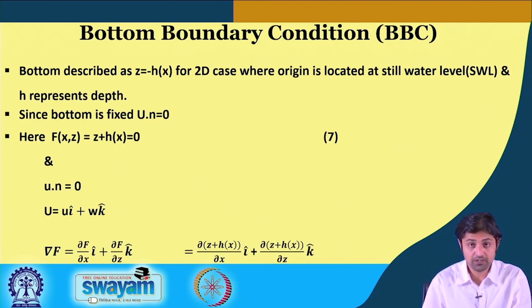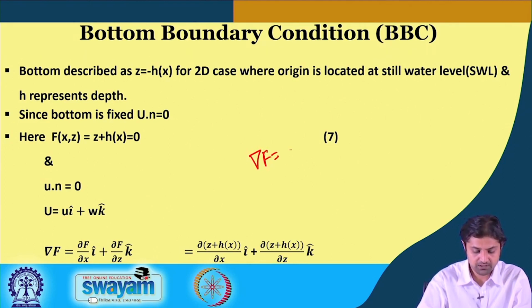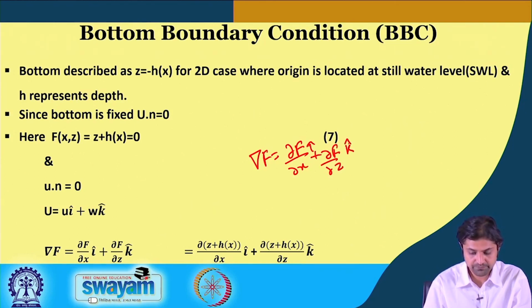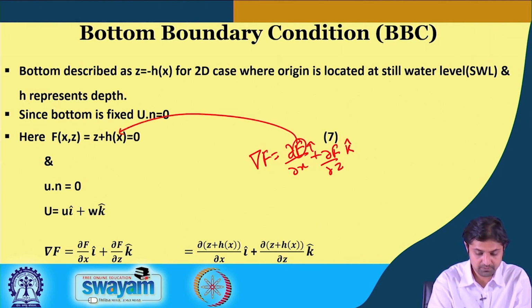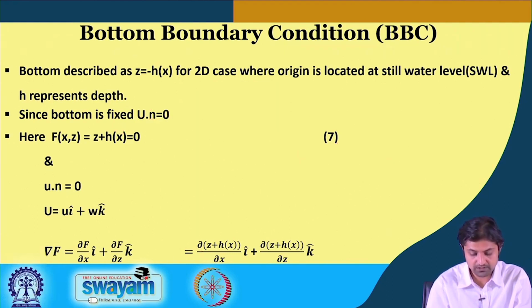This is a general u that we can assume in 2 dimensions, x and z. So, we are going to apply what we have learnt in the previous lecture. Delta f is going to be del f del x in the i direction plus del f del z in the k direction. And instead of f, we put z plus h of x. So we get del del x of z plus h of x at i cap plus del del z of z plus h of x at k cap.